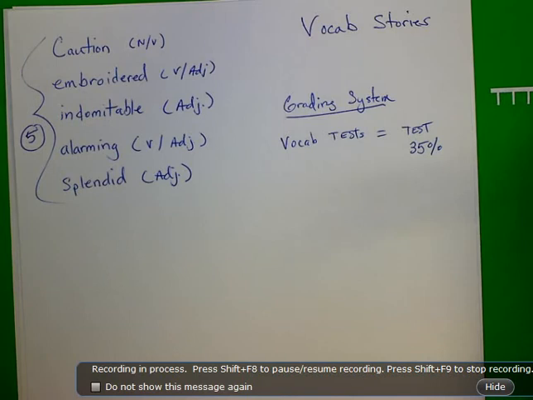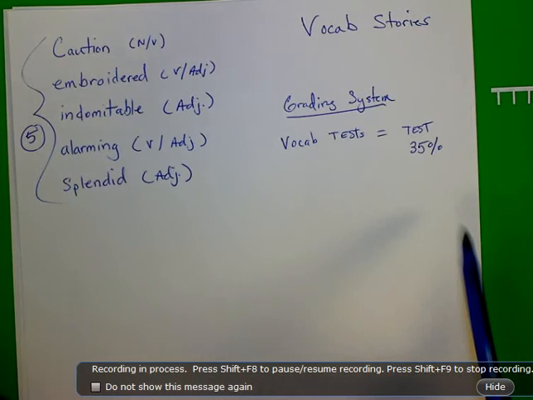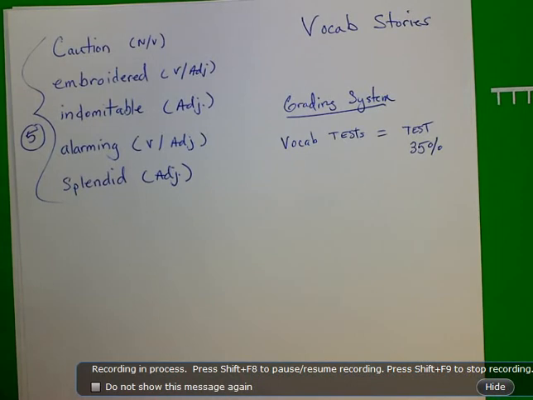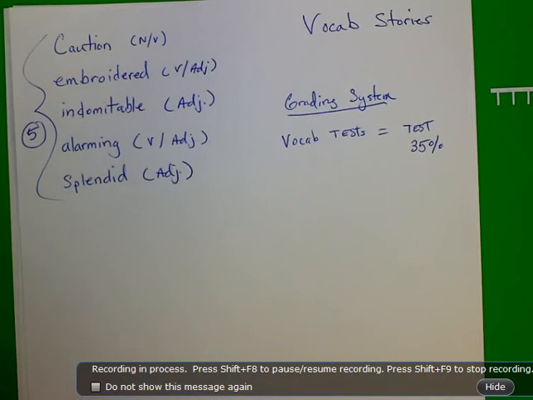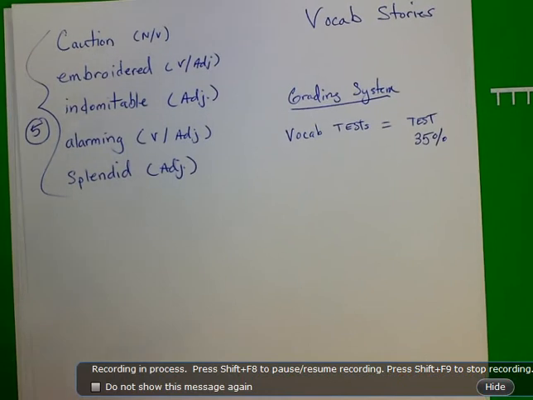It's 35%. So if you're not doing well on your vocab tests or maybe your reading tests, if it goes in as a test, this is a big chunk of your grade. So you definitely want to make sure that you are prepared for tests whenever you can be.